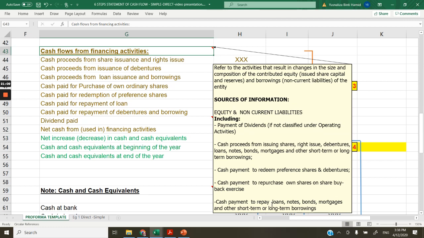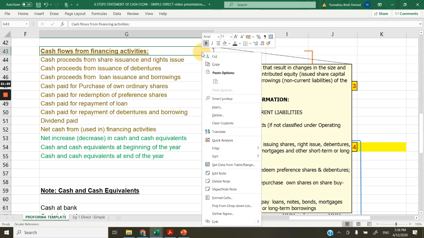The short-term borrowing, short-term loan. It has to be put under the financing activities, and also to repay the long-term borrowing. So here you have the detail of each of the items that I mentioned.